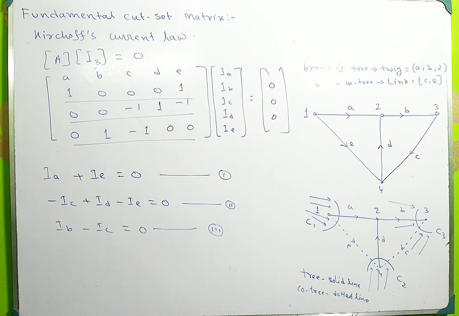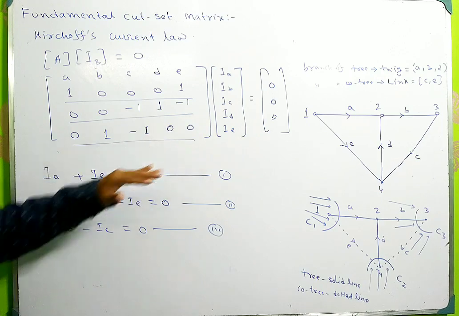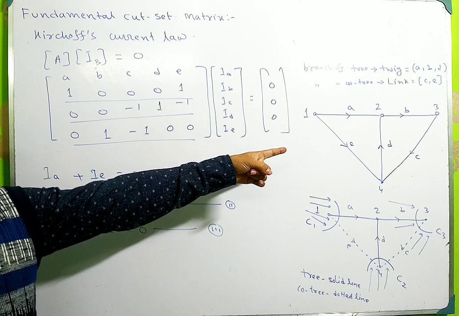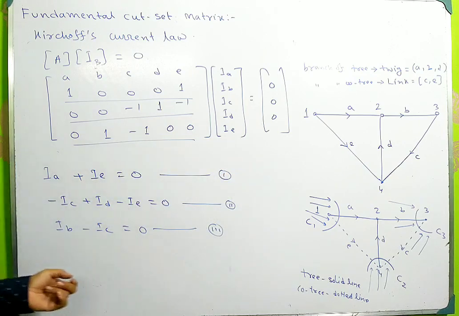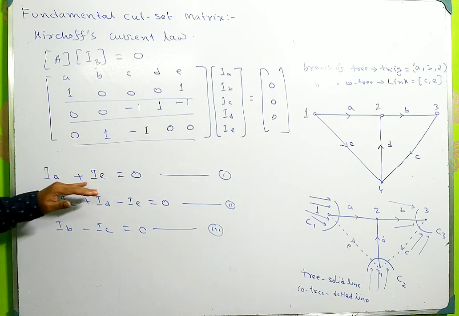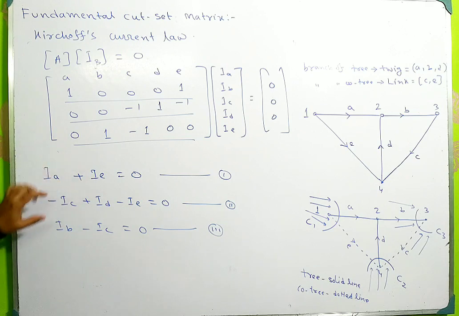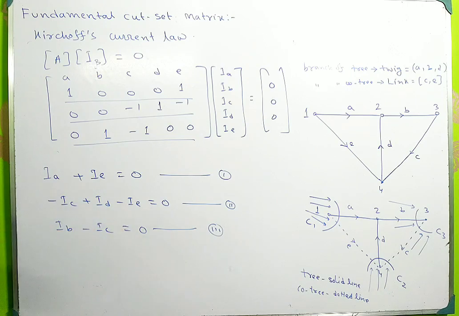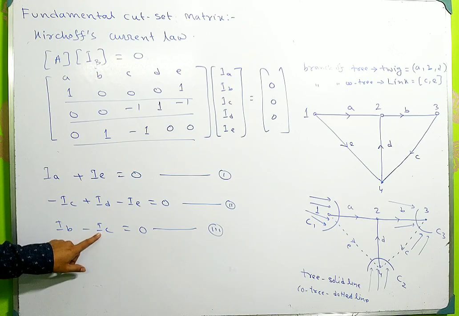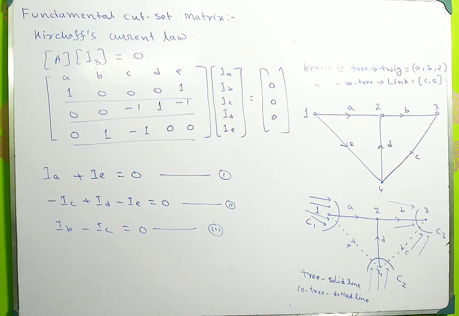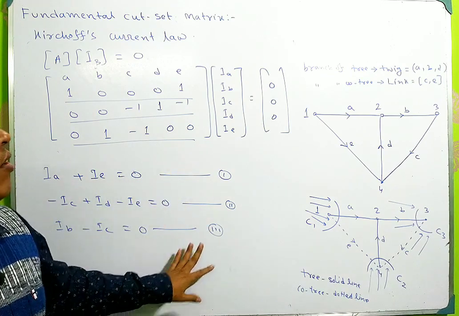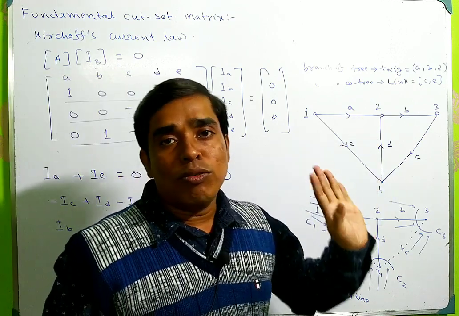So from this cut set matrix we can develop the KCL equations of this graph related to the network. So IA plus IE equals 0 is one KCL equation, then minus IC plus ID minus IE equals 0, and then IB minus IC equals 0. These are the possible KCL equations of this graph related to the network.